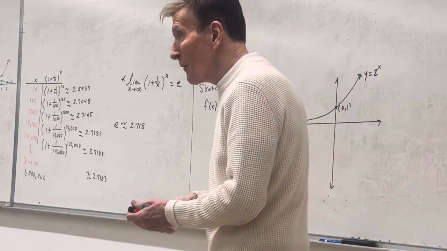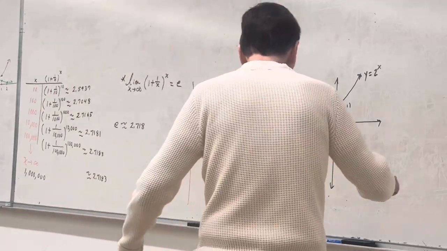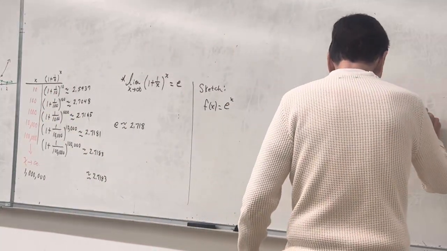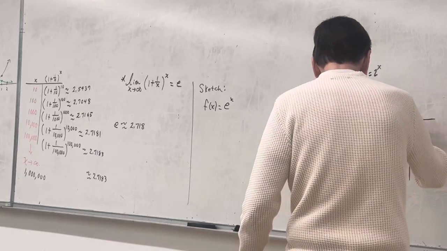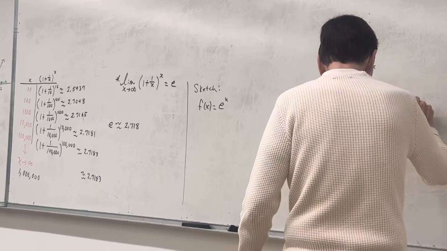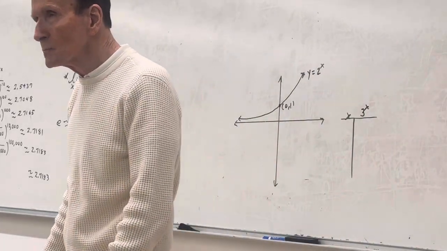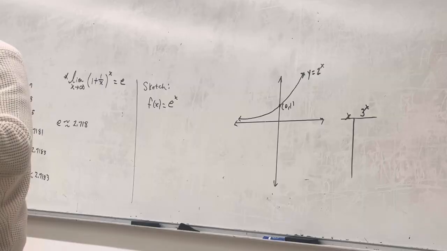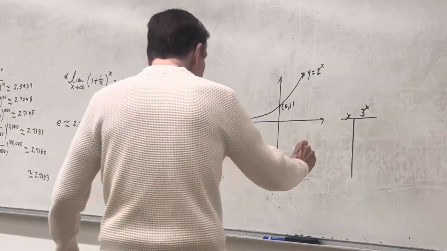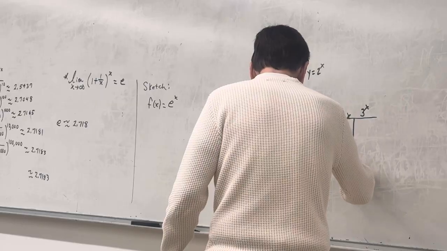Now, I'd better go through a table. I like to graph in red on the grid. I like to see what 3 raised to the x looks like, and then we'll use the same numbers in that x column. Here we go, guys.